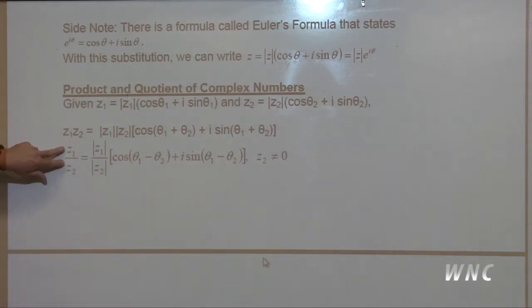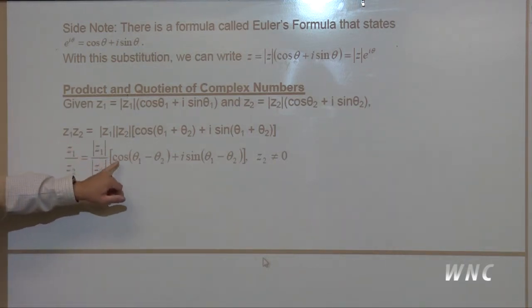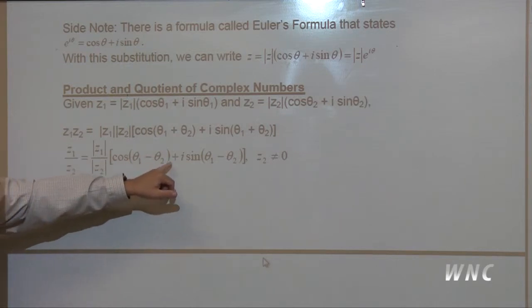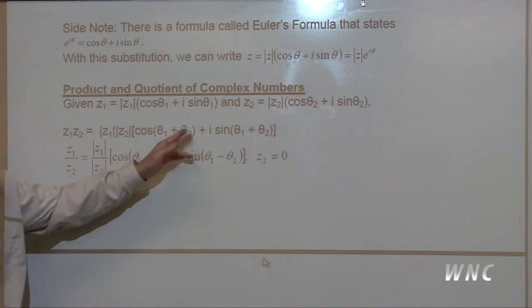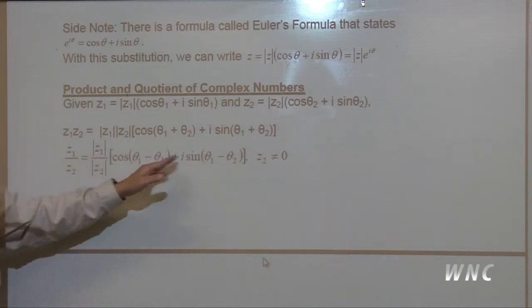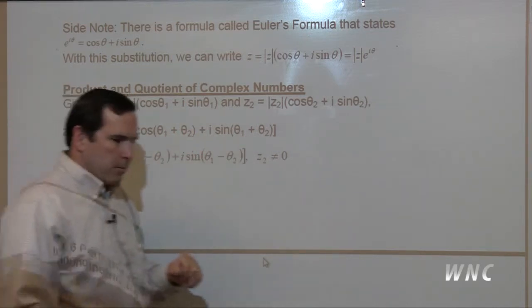Their quotient will be the quotient of their magnitudes times cosine of theta 1 minus theta 2 plus i sine of theta 1 minus theta 2. Not what we really expect, because we have a plus for our product and a minus for division, a quotient.